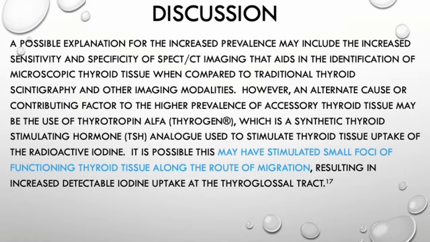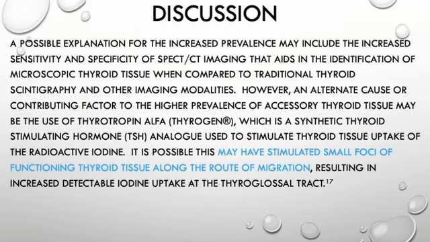The SPECT CT imaging that we employed aids in the identification of microscopic thyroid tissue when compared to traditional thyroid scintigraphy and other imaging modalities, because it combines both metabolic functional data using iodine, which helps localize the presence of thyroid tissue taking up iodine, as well as combining it with cross-sectional imaging in the form of CT to help more precisely localize exactly what we're looking at.